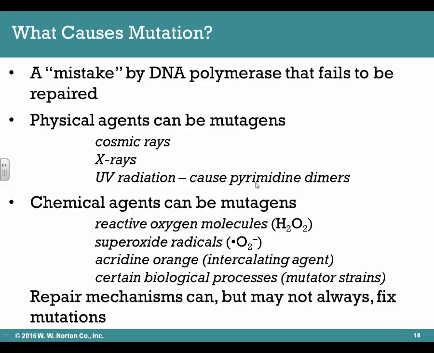So pyrimidine dimers, like a thymine-thymine dimer, where the two thymines, instead of being properly hydrogen bonded to the other strand, are covalently bonded to each other when they're together in a sequence on one strand of the DNA, can really wreak havoc with the ability of DNA polymerase to correctly replicate that template strand.